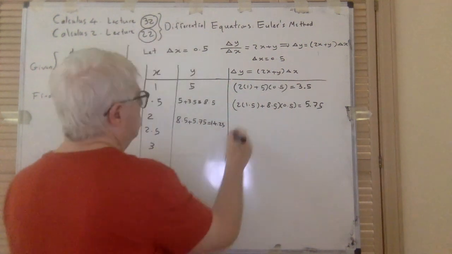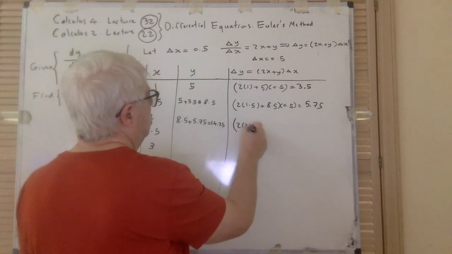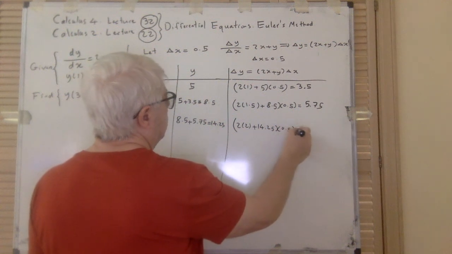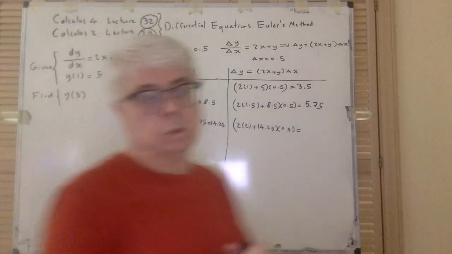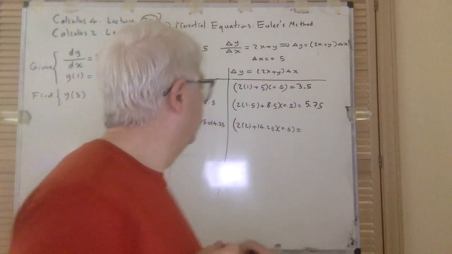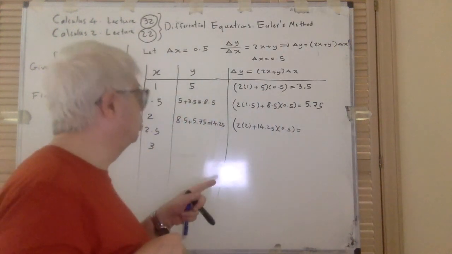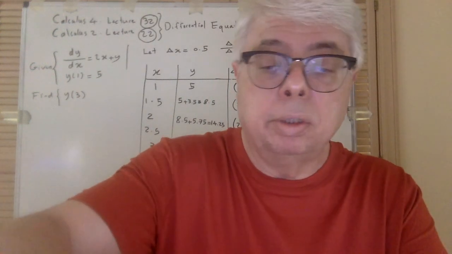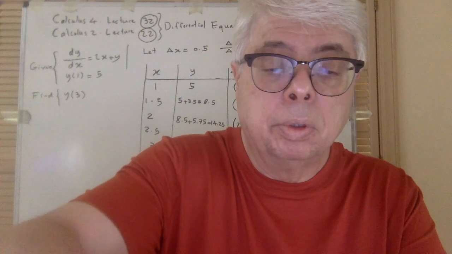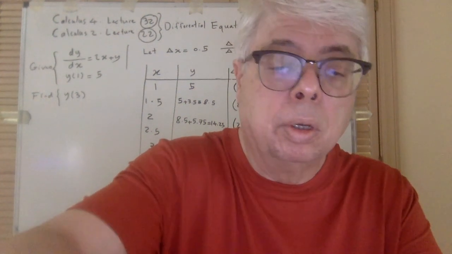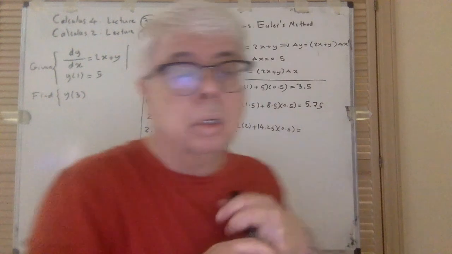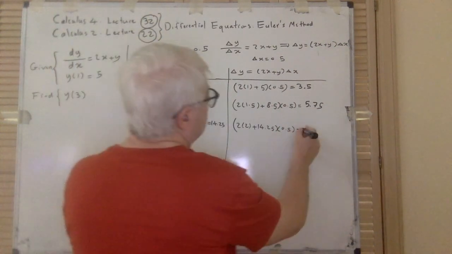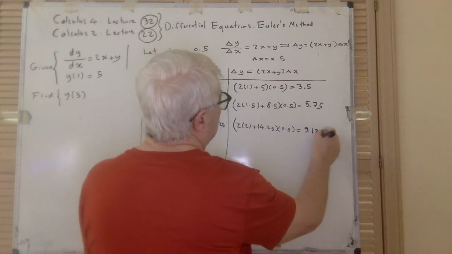Now I use these two, so I have 2 times 2 plus 14.25 times 0.5, and that equals, don't worry, we just have 2 more steps. So that is 4 plus 14.25, that's 18.25 times 0.5, 9.125.